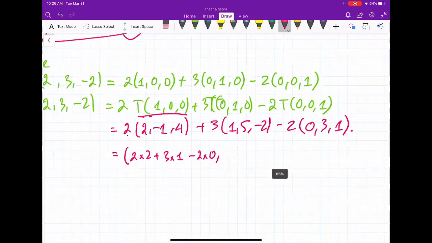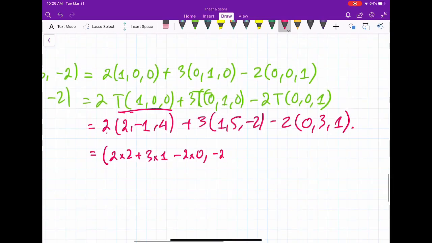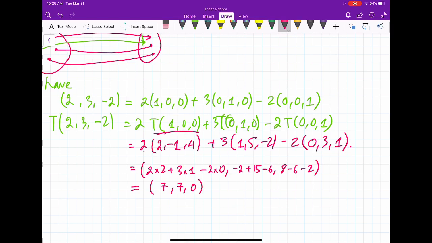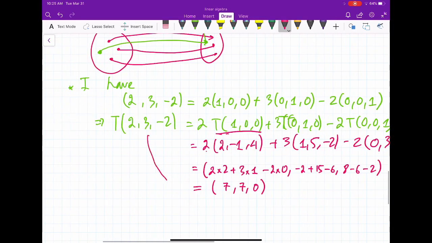That is the first coordinate. The second one is -2 plus 15 minus 6. The last one is 8 minus 6 minus 2. So overall you get 4 plus 3 is 7, here 7, and here 0. And that is the image of (2, 3, -2).